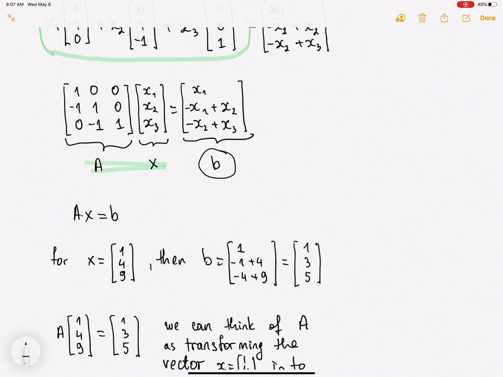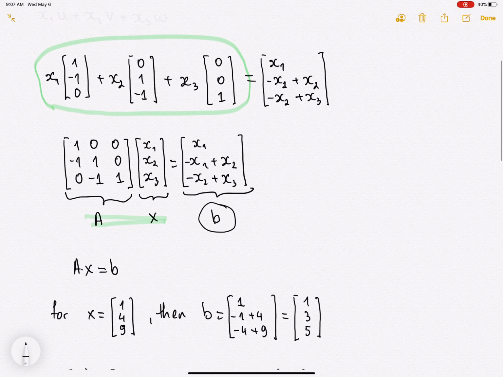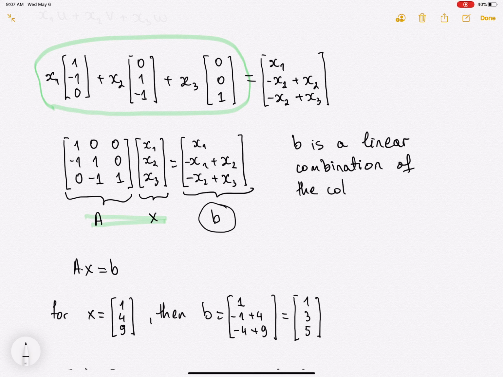We see that b is in fact a linear combination of the columns of A. Let me write that. b is a linear combination of the columns of A. And this will be the key idea that we all have to get through our heads.